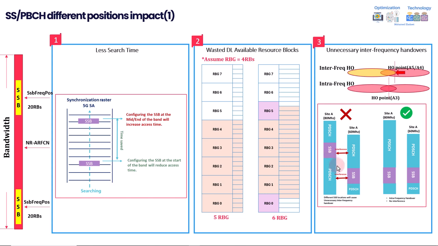If you configure different SSB locations for different sites, first of all, this will cause, as you can see here, unnecessary inter-frequency triggering, because the handover is done based on the SSB location. It can also cause some interference from the SSB to the broadcast channel. But in case it's the same, as you can see in this figure, if we change the location and both of them are fixed, this will be intra-frequency.